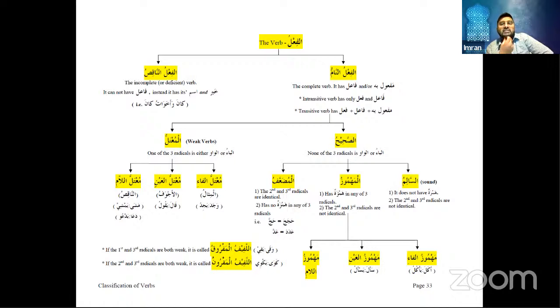Like if I said Zaid is standing, Zaidun waqifun, Zaid is standing is present. We're talking about the present situation of Zaid. Zaidun waqifun. And if you want to say Zaid was standing, you would add kana in the beginning.